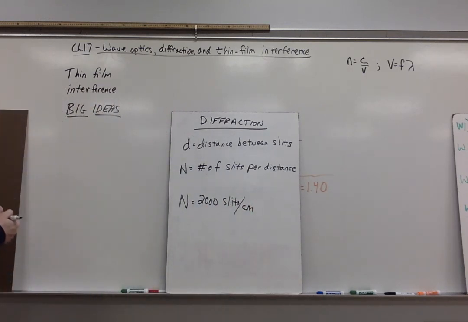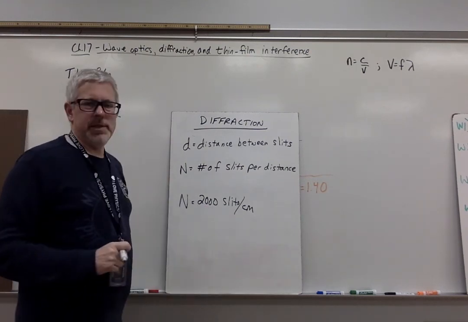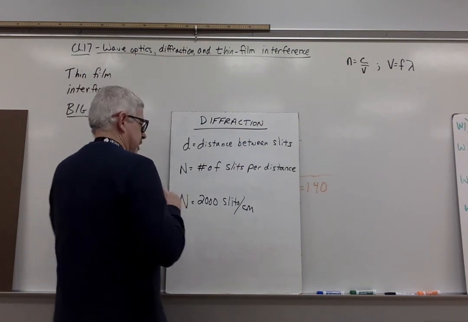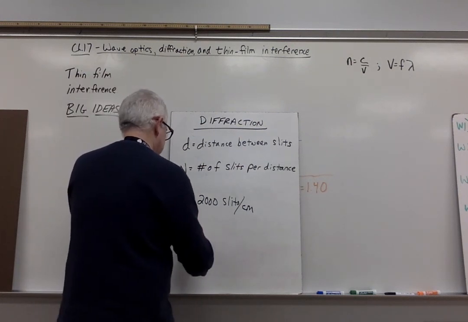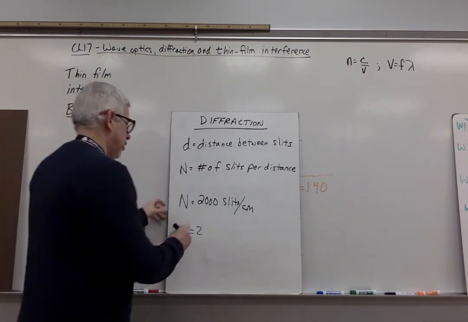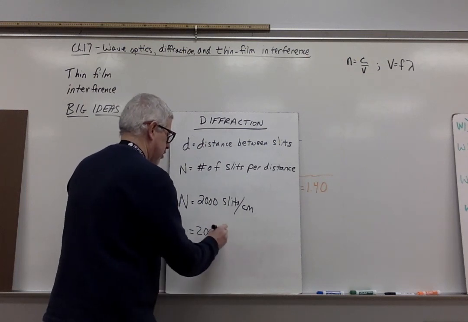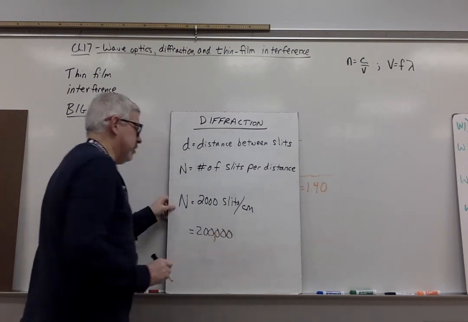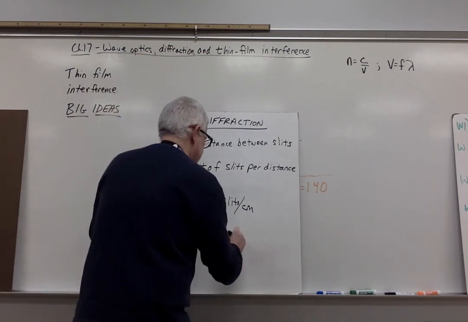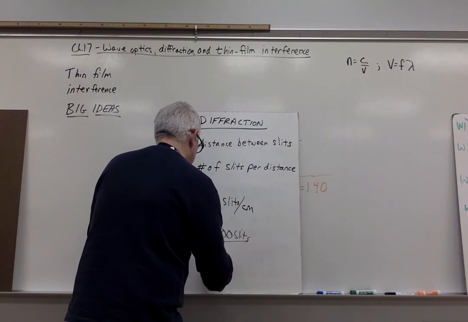So the first thing I'm going to do before I do a conversion to get this is I'm going to make sure it's slits per meter, because I want to keep it in standard units. So that is equal to, there's 100 centimeters in a meter, so that's 2,000 times 100. So that is 200,000 slits per 1 meter.